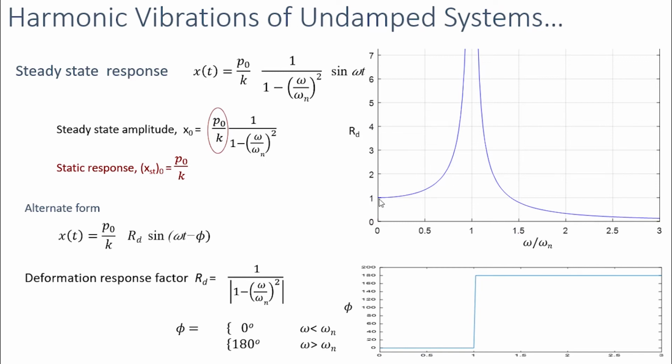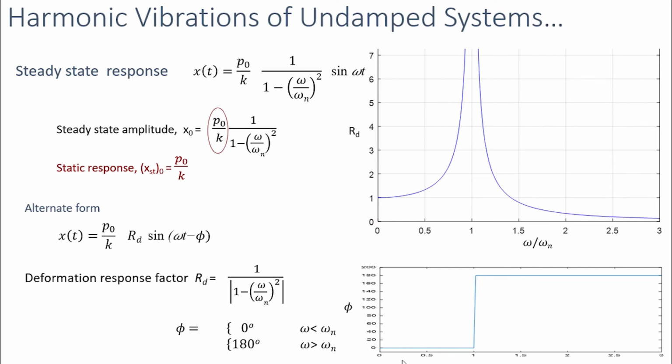It increases from 1 to a very high value when the frequency ratio increases from 0 to 1. When the frequency ratio is higher than 1, the value of Rd decreases from a very high value to very close to 0. So when the frequency ratio is very high, the value of Rd will be very close to 0.